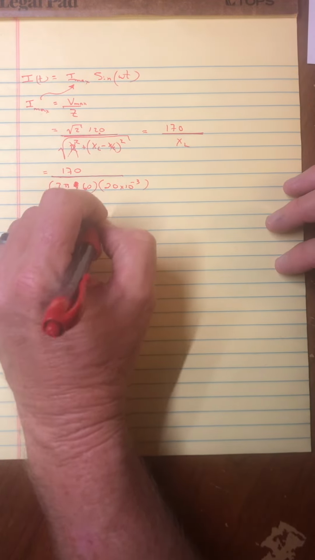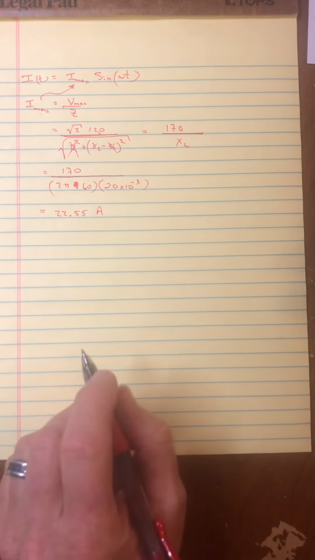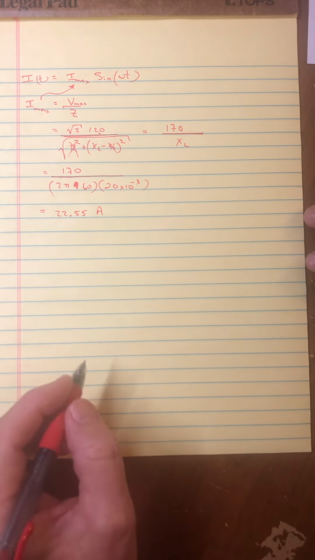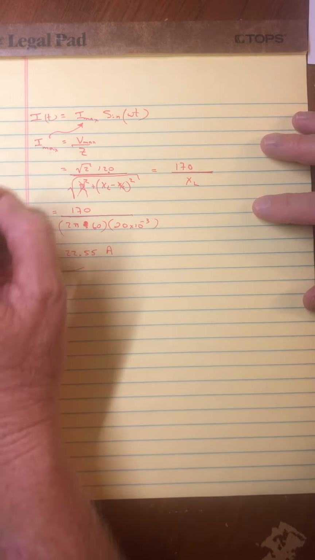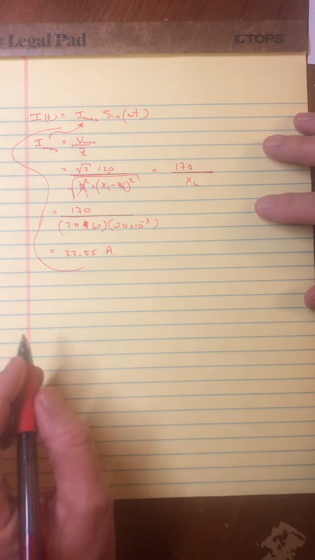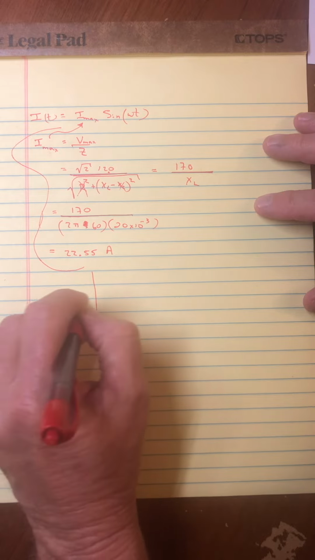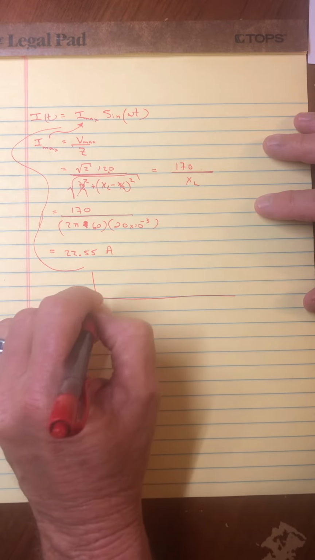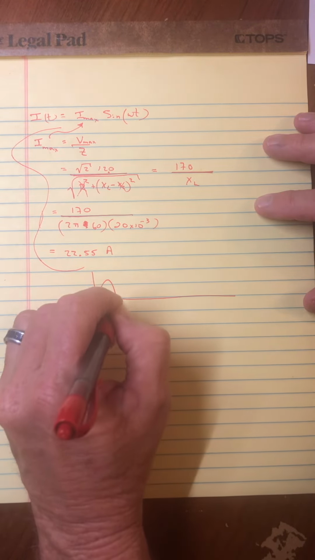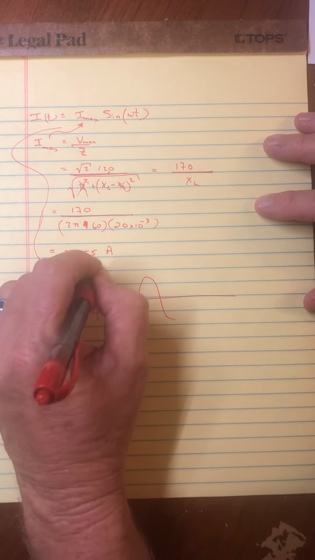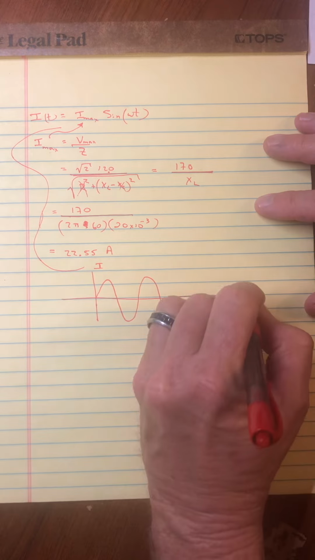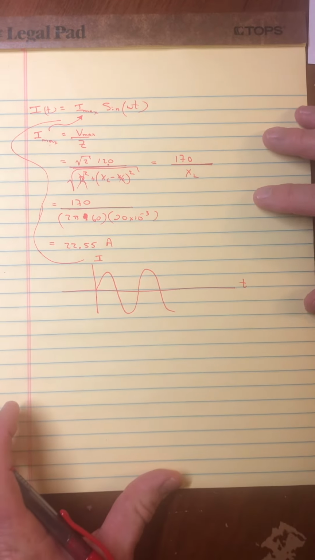So 22.55 amps, that, of course, would fit into this equation, and it would then be doing something like this when we talk about the current as a function of time.